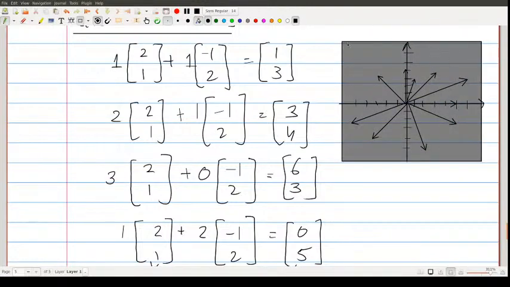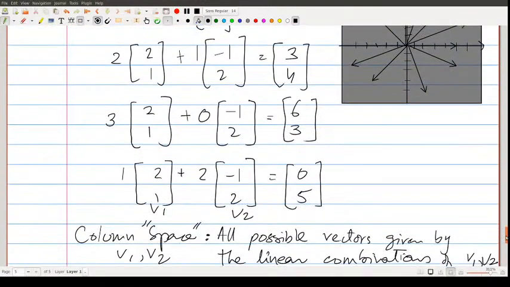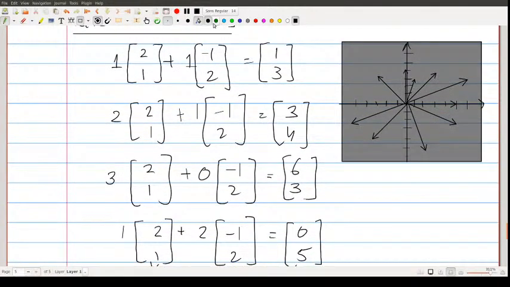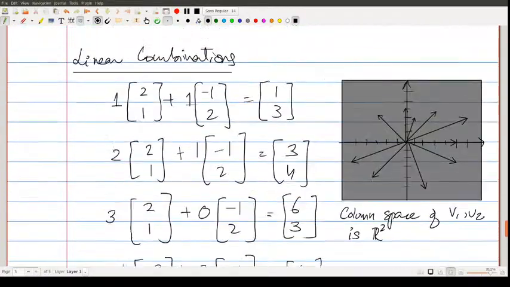I can get to any vector in this 2D space. So I'm going to say that the column space of v1 and v2 is the whole two-dimensional space, because I can get any direction that I want. Okay, that's the column picture.